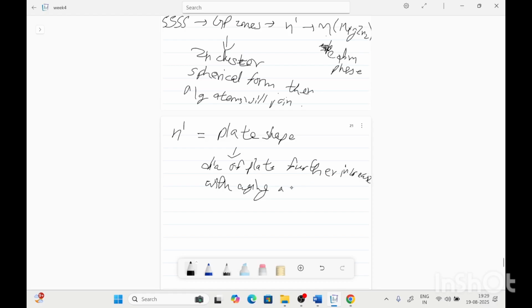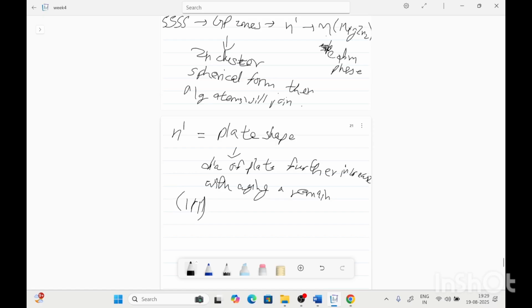And the thickness of these plates will remain same, means there will be no change in the thickness, only the diameter of plate increases with the aging, because these are forming on the 111 planes, so only the growth on the 111 plane is most favorable.